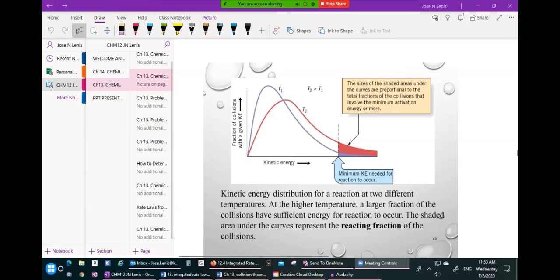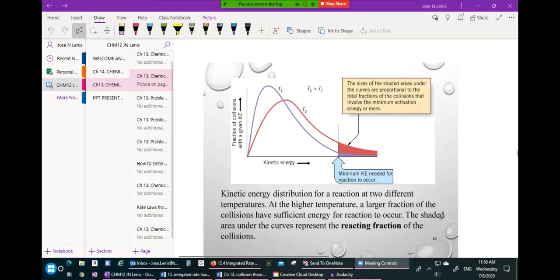As you can see here, the curve for T1, which is the blue, has less kinetic energy than the T2 curve, which is at higher temperature. T2 is bigger than T1. So particles here will have a greater amount of kinetic energy.